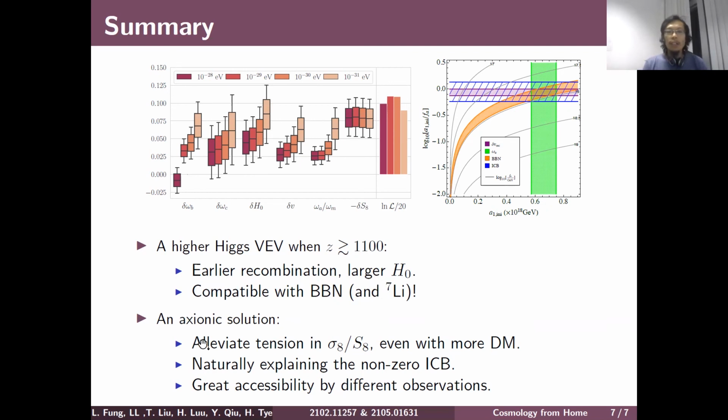On top of that, the axionic solution buys you the answer to the sigma 8 tension, which usually makes early recombination solutions less preferable, but here it is naturally solved in our model. It gives a non-zero ICB almost for free. It is just an innate feature of the theory, and it also grants us great accessibility in future observations. So thank you.